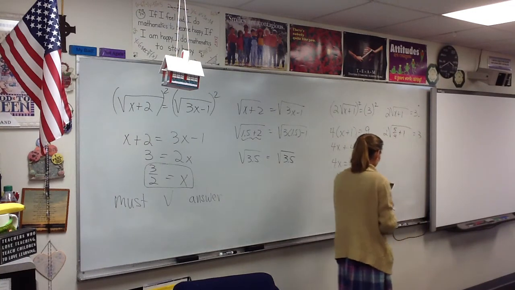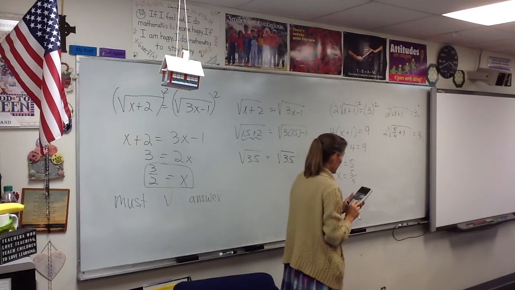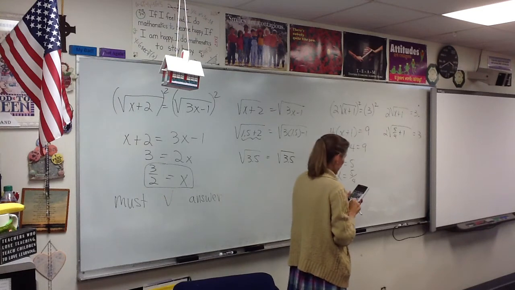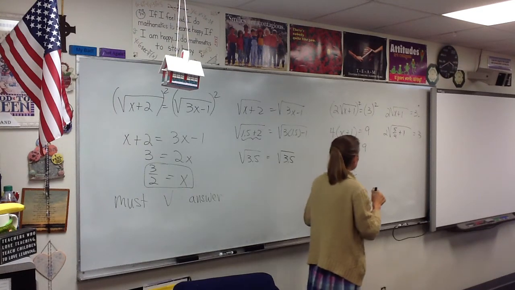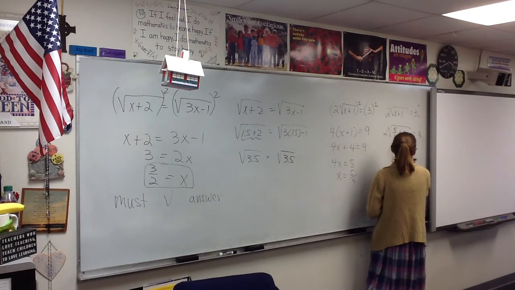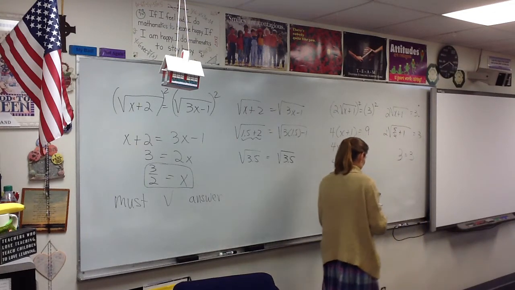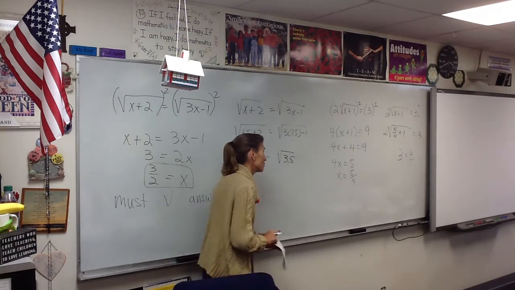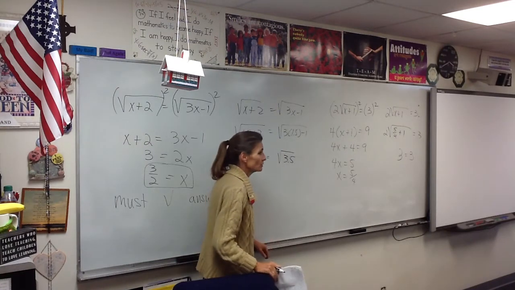So 5/4 plus 1. I'm going to square root that. Times 2. Oh my gosh, it works. I know you're thinking, how come I have to check, Mrs. Ford? It's such a pain in the butt. You'll see in a minute.